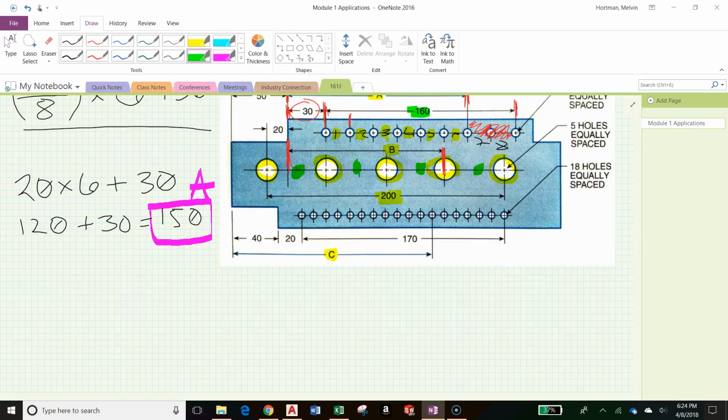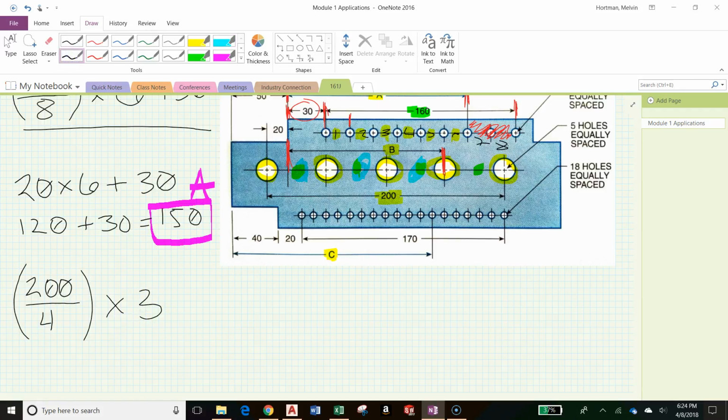So we do it just like we did the first one. We're going to have 200 divided by 4, and then we multiply that by however many spacings we need, which looks like 1, 2, 3.